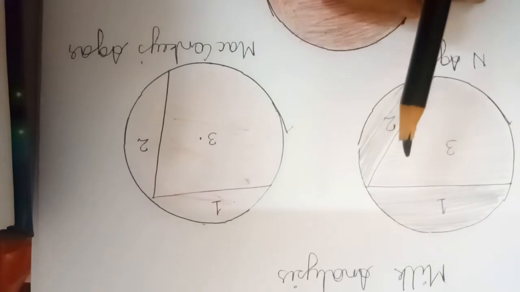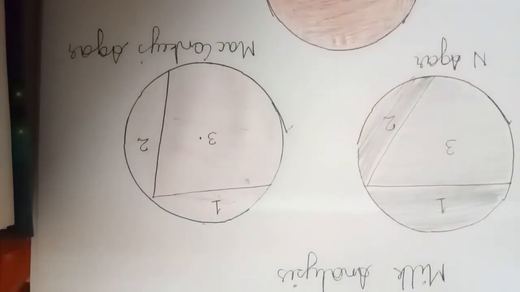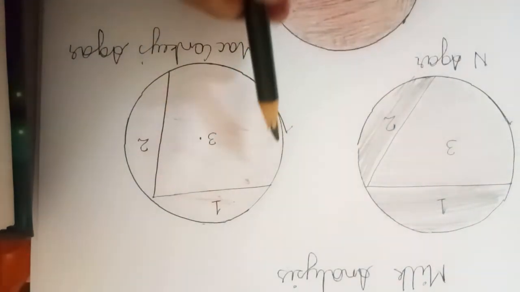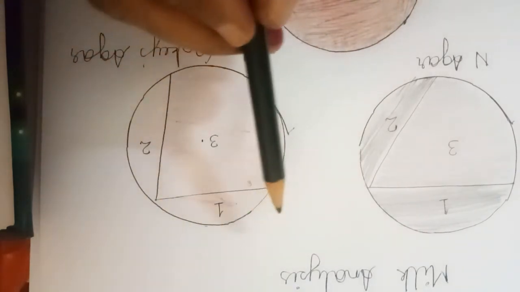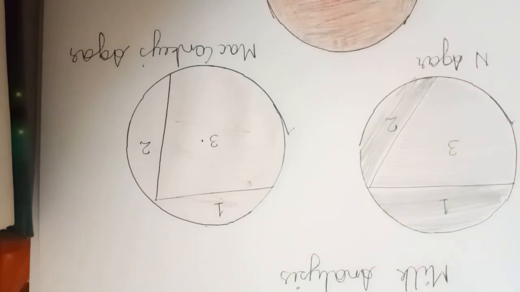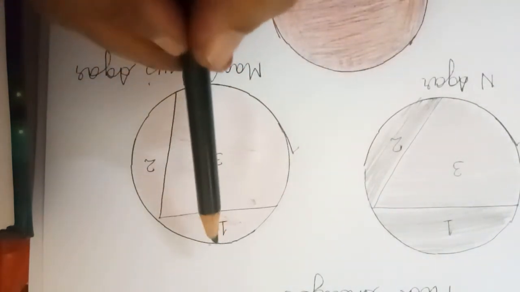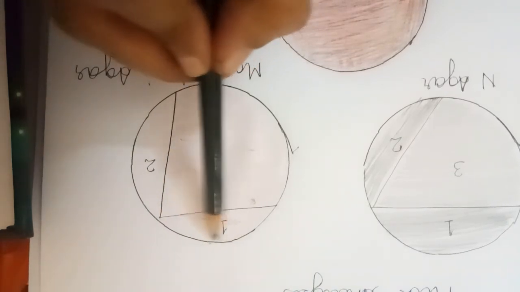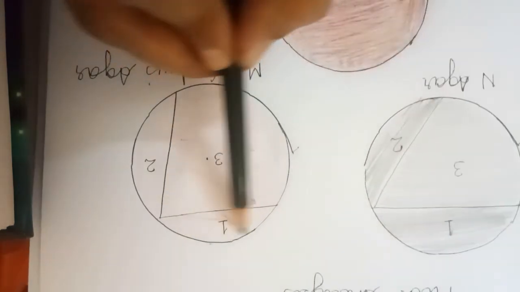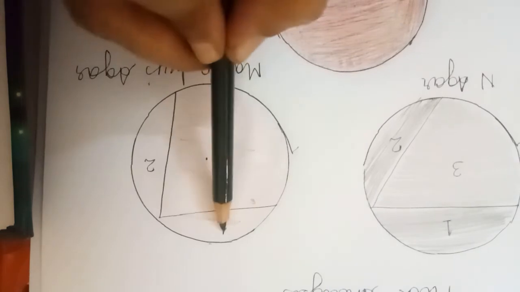Now in case of McConkey's agar plate, again we will start with the sector number 1. Okay, first of all we have to dip the loop in suspension, and then after we are now with the help of loop starting the inoculation in first sector like this.